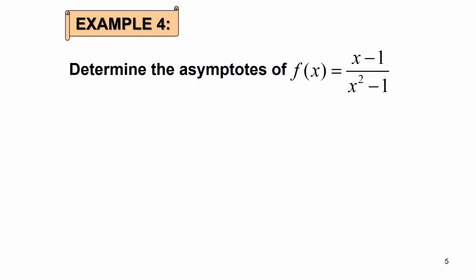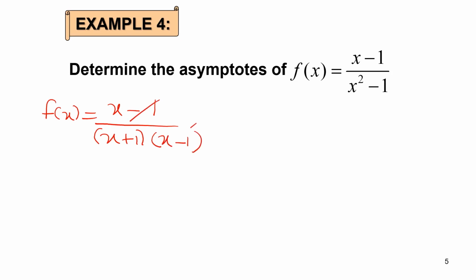Example 4. Determine the asymptotes of f(x) equal to (x minus 1) over (x squared minus 1). By looking at this function, we might factorize the denominator. So we have f(x) equal to (x minus 1) over (x plus 1) times (x minus 1). Thus, we simplify the function to f(x) equal to 1 over x plus 1.